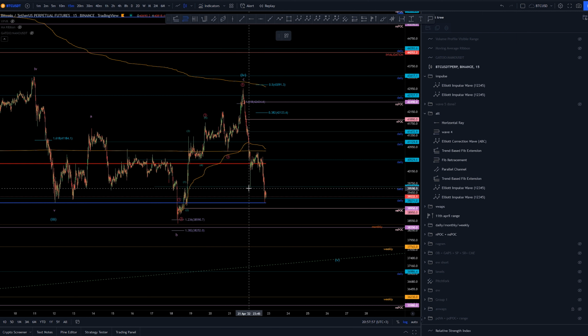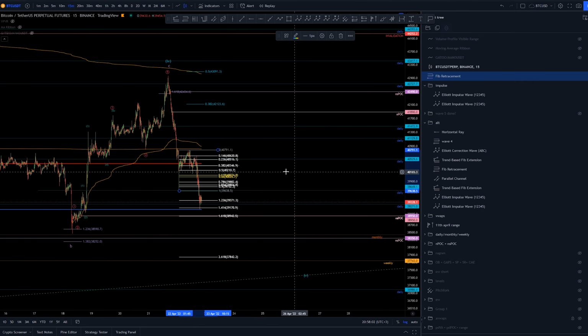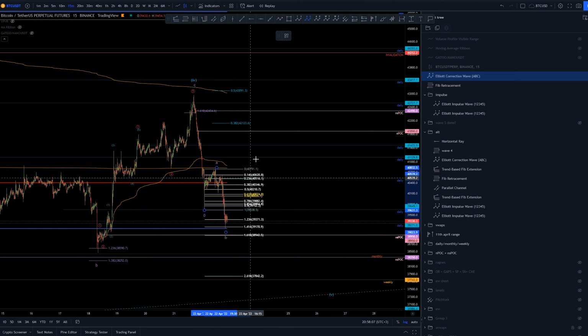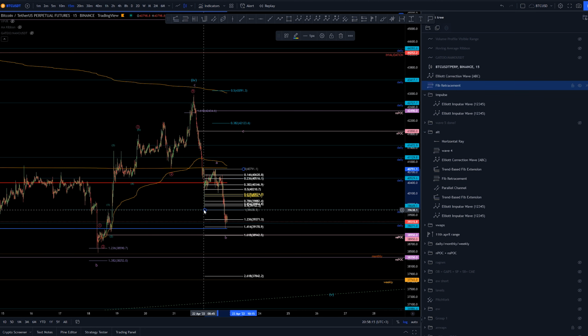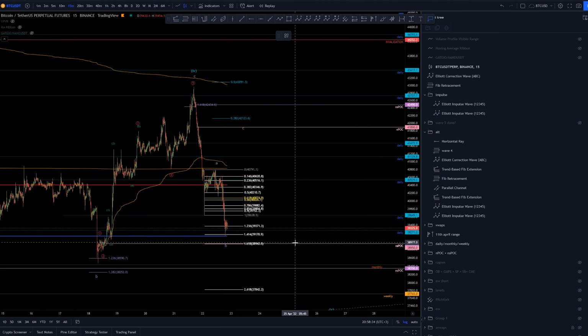Now could this still be a part of a B wave or wave 2, I mean? So B wave, with B wave I mean something like this. Yeah, it could be. The 1.618 of this retracement from the lows here to the highs here at 40.8k around there, the 1.618, which is usually the invalidation point at which we are currently standing for the B wave, would be around 38.94k.